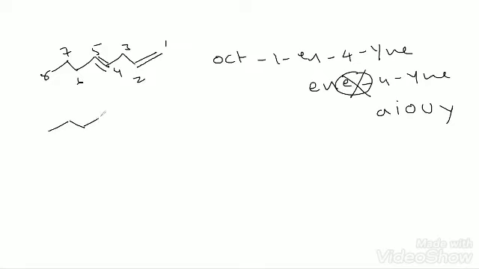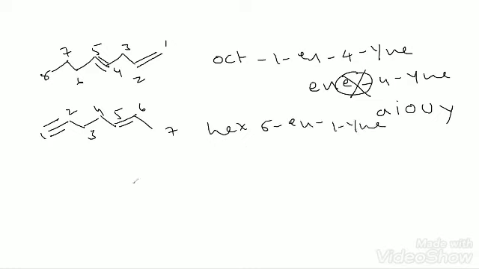For example, if I have a hydrocarbon like this, the priority has to be given to the lowest number, 1, 2, 3, 4, 5, 6, 7. So this is hept-5-en-1-yne.